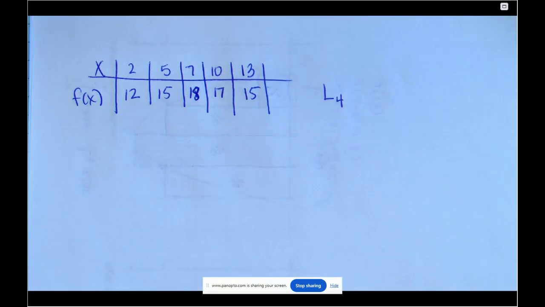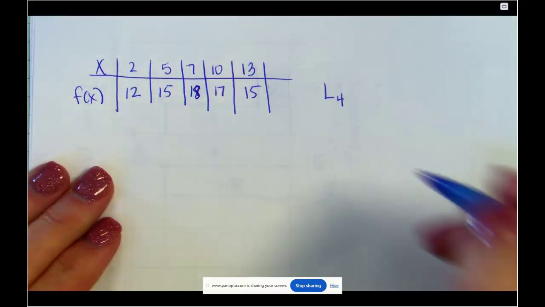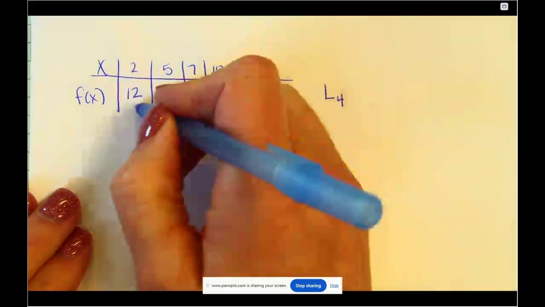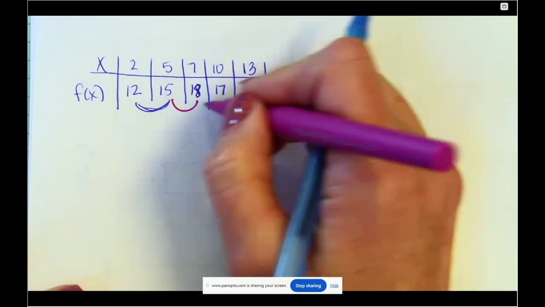So left-hand Riemann sum with 4 subintervals. What I want you to do is think about how we did this on our graph. The definition of a left-hand Riemann sum is that the height of the rectangle comes from the left side of the interval. So here's your first interval. There's 1, 2, 3, 4.